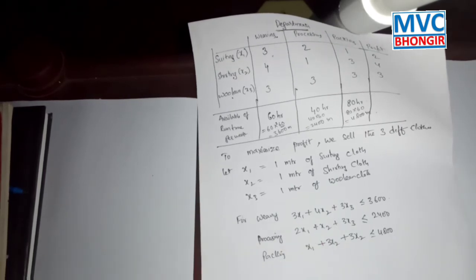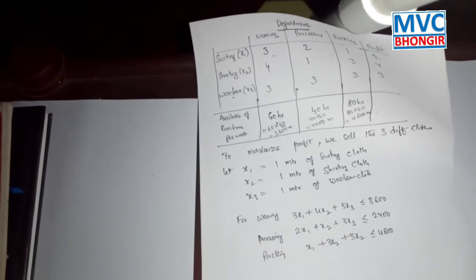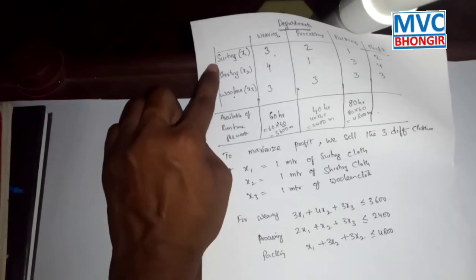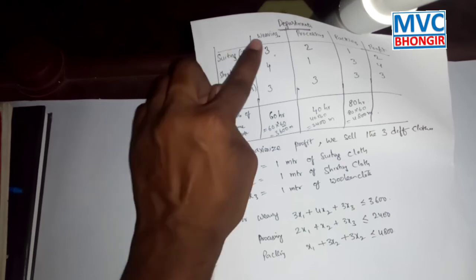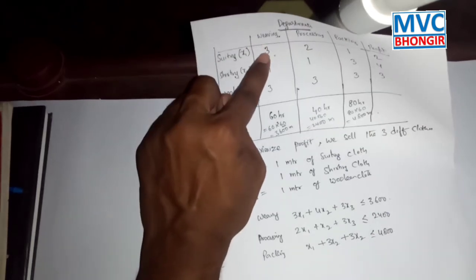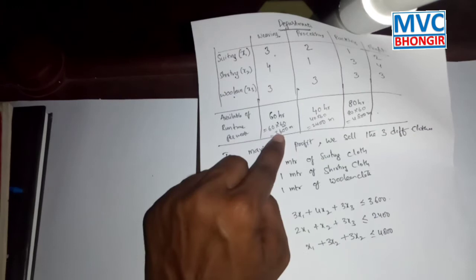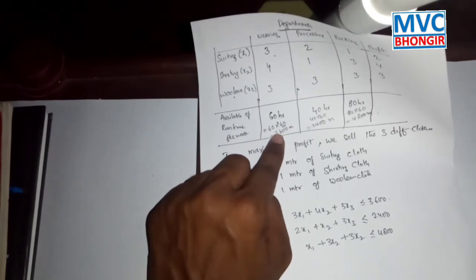How is it formulated and why is it formulated like this? Here it has been given that to produce a suiting cloth, it should be in the weaving department for 3 minutes. So we converted the hours into minutes.